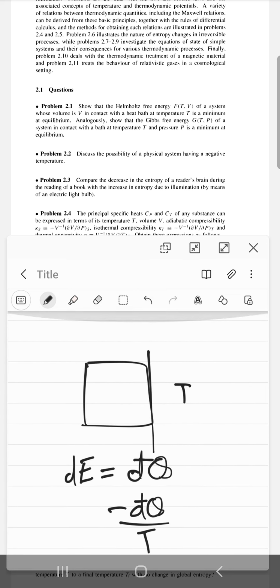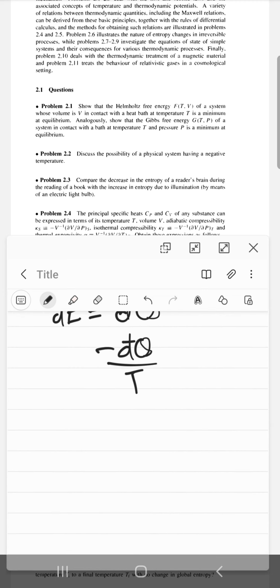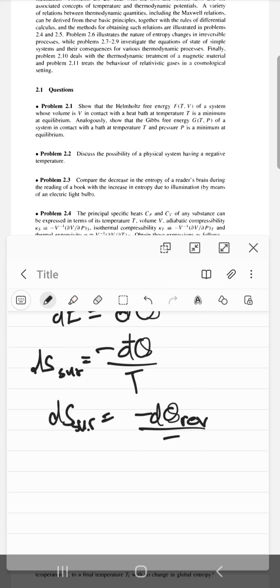With entropy you have to be careful, but can we actually write that dS universe is essentially just this quantity? Can we actually write it like that? It turns out that yes, we can. The reason is that dS surrounding is just equal to dq reversible upon the temperature.